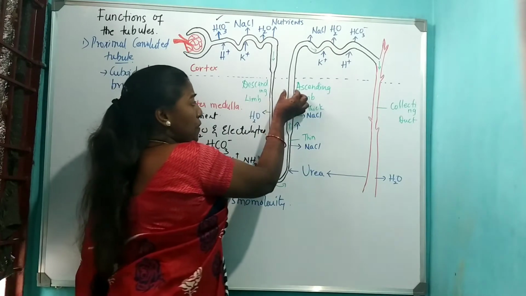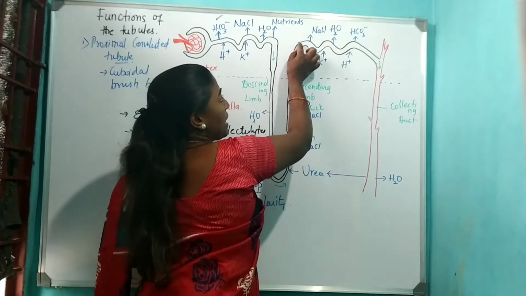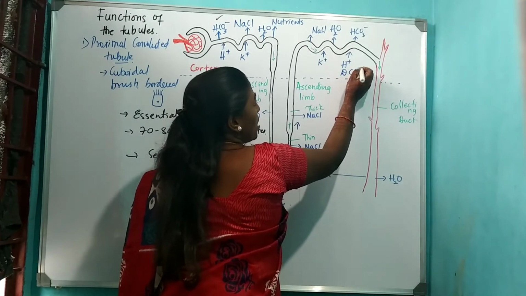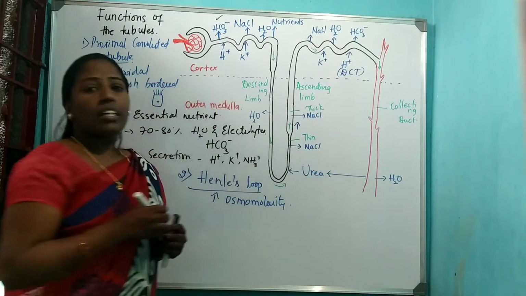Then the filtrate from the ascending limb enters the DCT, the distal convoluted tubule.